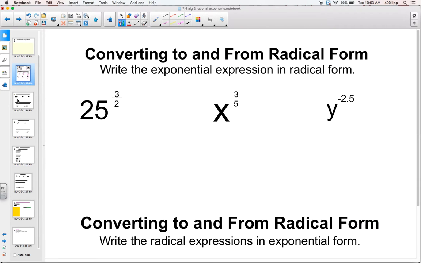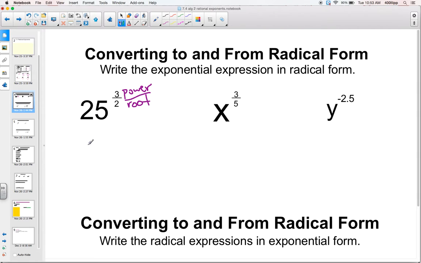All right, moving on here. So let's take a look at this. We're converting to and from radical form. Write the exponential expression in radical form. So right now, we are going to take 25 to the 3 halves, and we're going to put it in radical form, because right now it's in exponential form, because it has an exponent. So we're still going to make this is the power, your 3 is your power, and the 2 is the root.